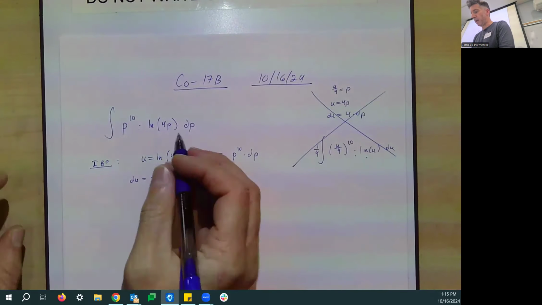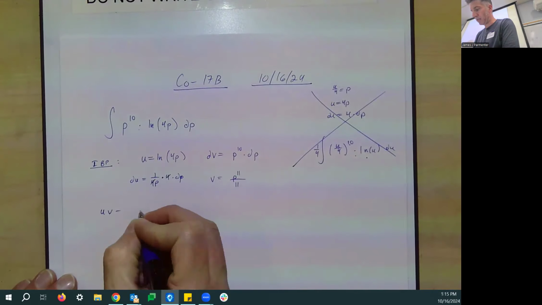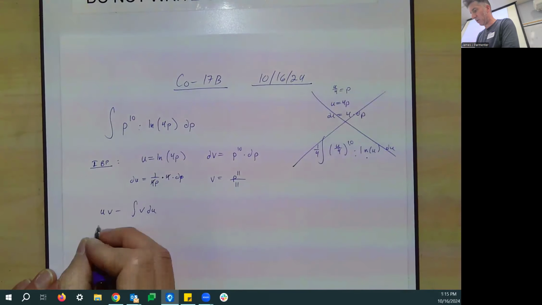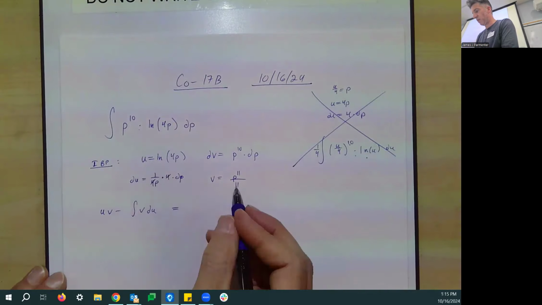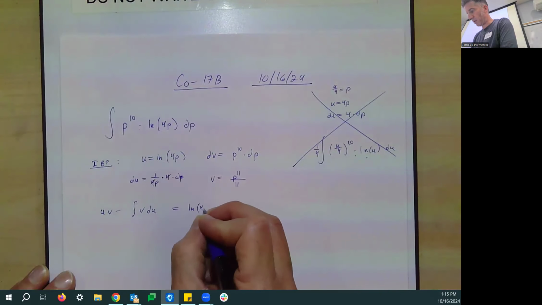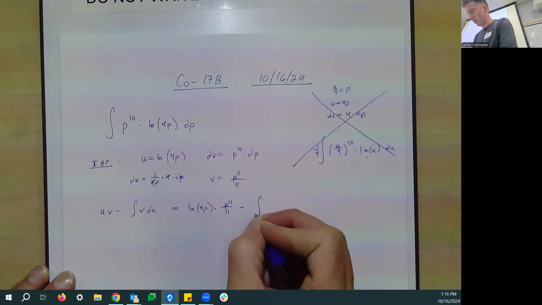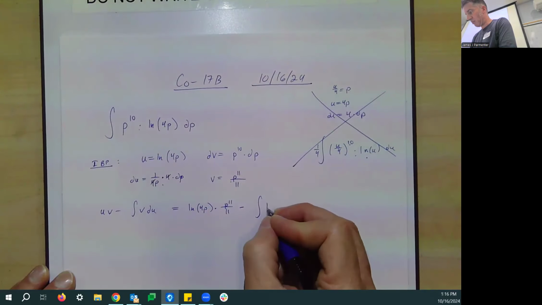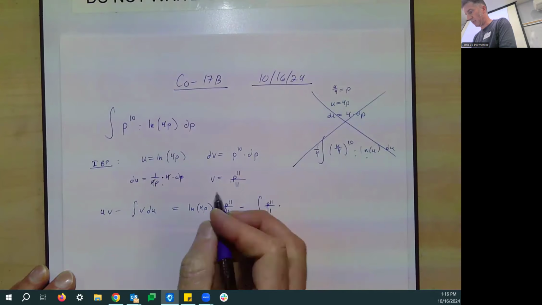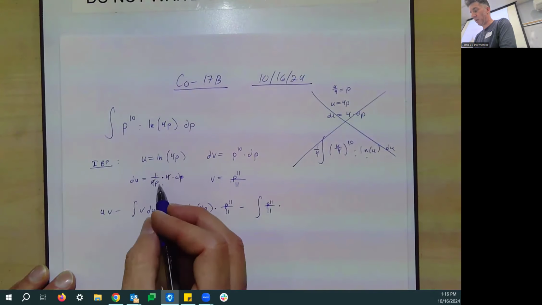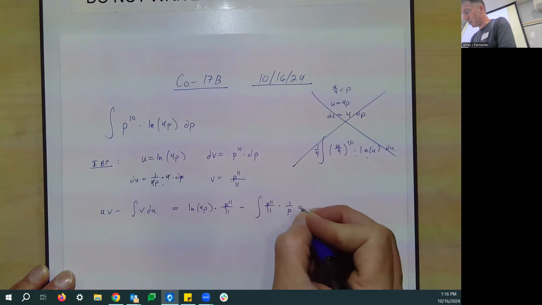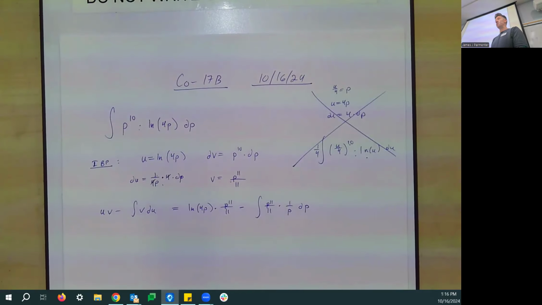And then when you rewrite it as uv minus the integral of v du, that's going to be U times v, natural log of 4p times p to the 11th over 11, minus the integral of v du, which is going to be p to the 11th over 11 times my du, which does simplify just to 1 over p times dp. And what's always going to happen is your du, your derivative of the natural log, is just going to be one over your variable. And that's always going to cancel out with one of the powers that you already have for the other piece here.